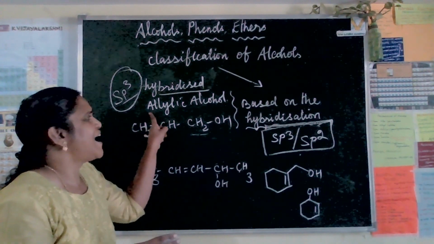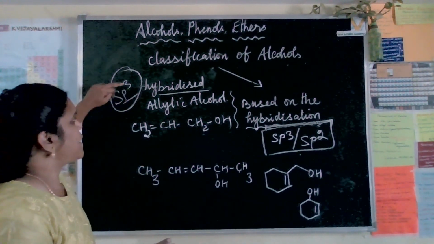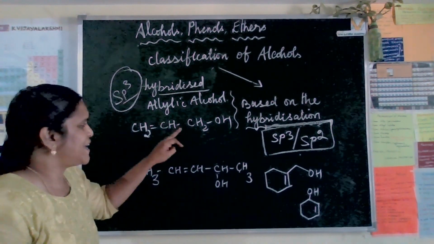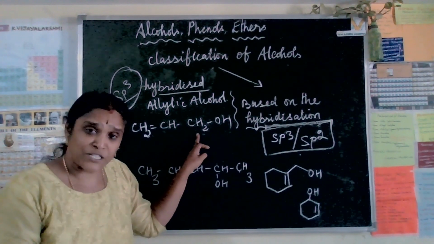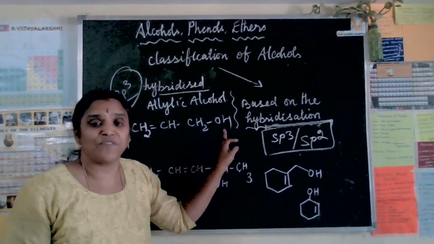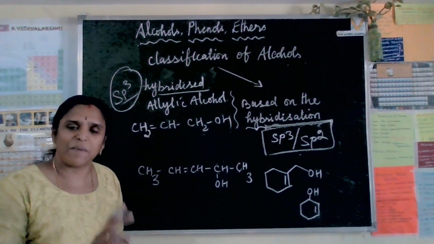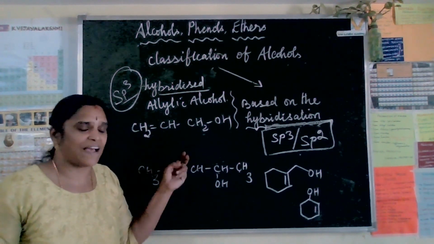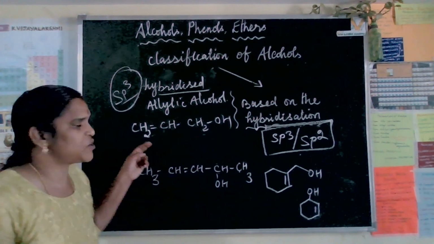That is called allylic alcohol. Here, this is actually sp3 hybridized. Allylic has a double bond, alkene; benzylic is aromatic. We can also say alkene alcohol.